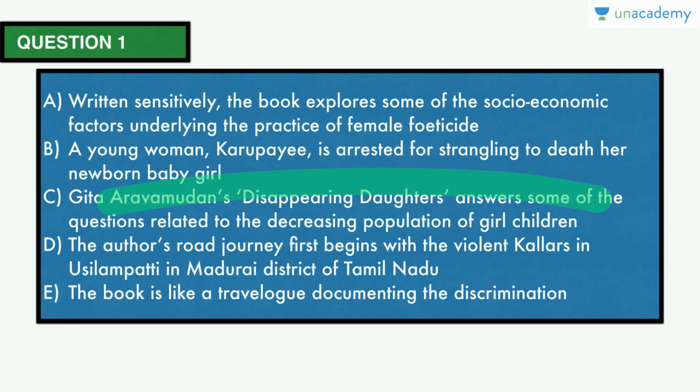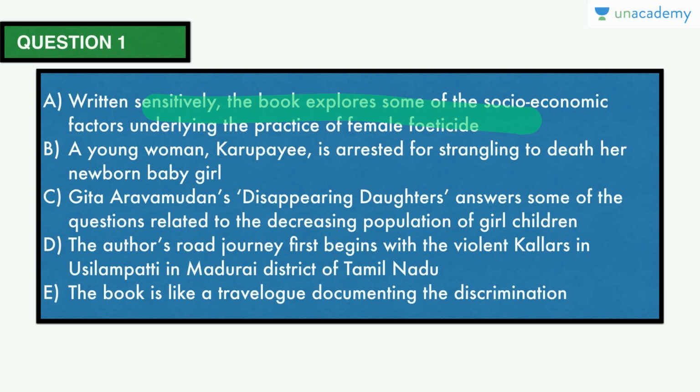It talks about the book, it talks about the problem that it tries to address, answers some of the questions related to the decreasing population of girl children. Disappearing Daughters. So are we okay? So we could follow it up with A. Written sensitively, the book explores some of the socio-economic factors underlying the practice of female feticide.